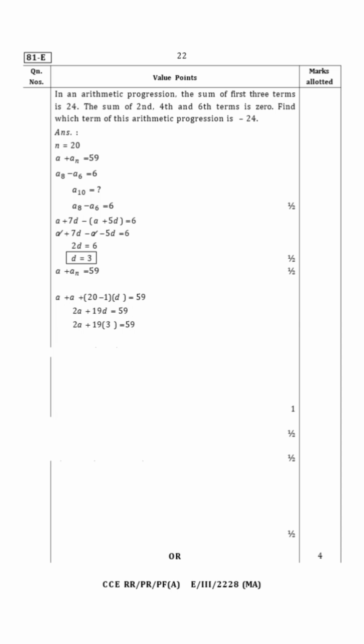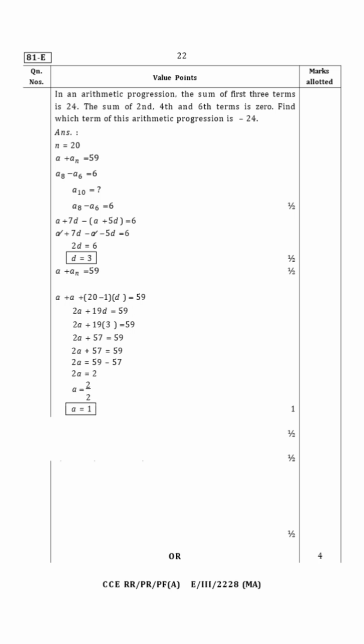So 2a plus 19 into 3 is equal to 59. 2a plus 57, 19 into 3 is 57, is 59. 2a is equal to 59 minus 57. That is 2a is equal to how much? 2.